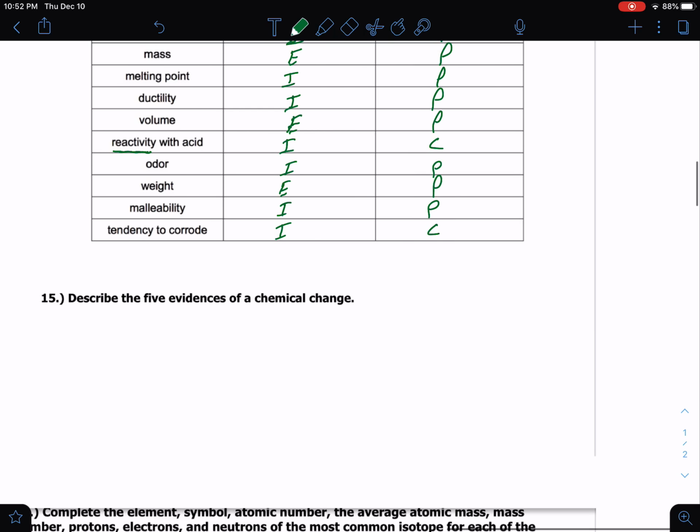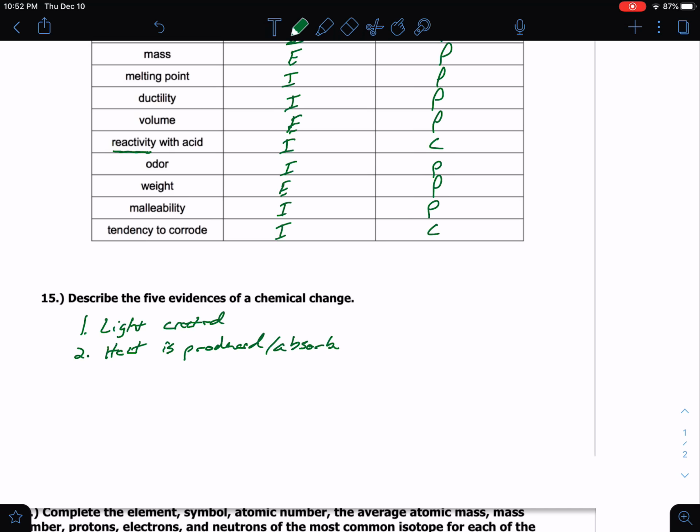Describe the 5 evidences of a chemical change. So 1 would be light is created. 2, heat is produced or even absorbed.